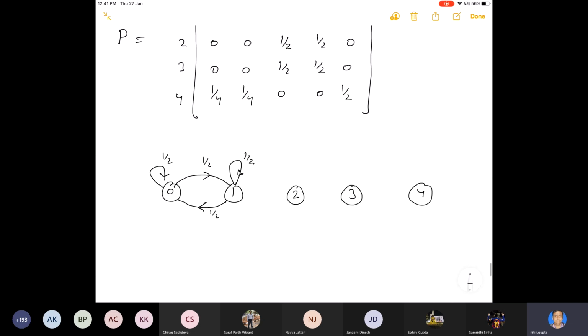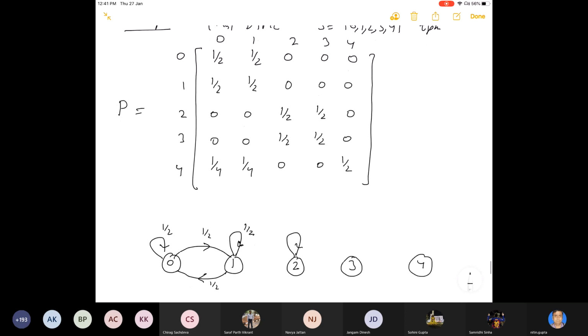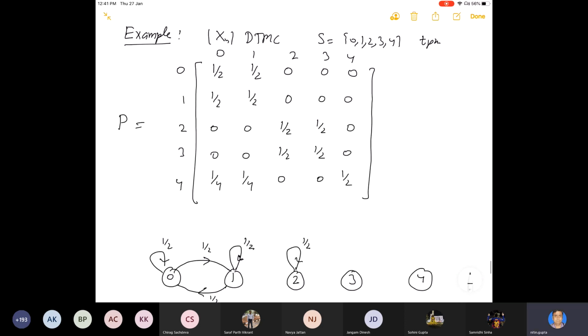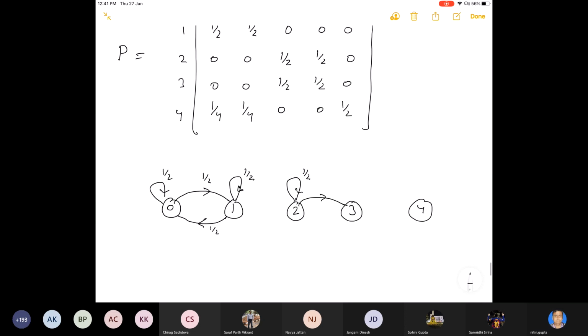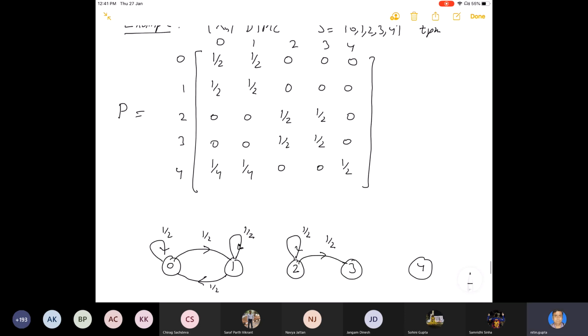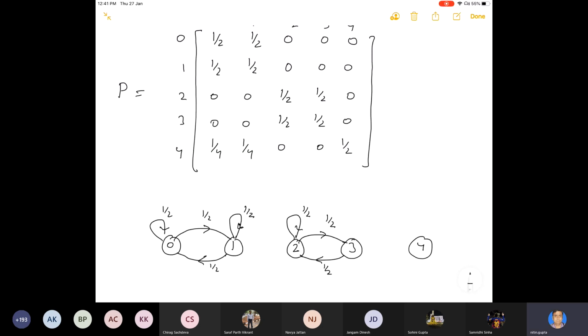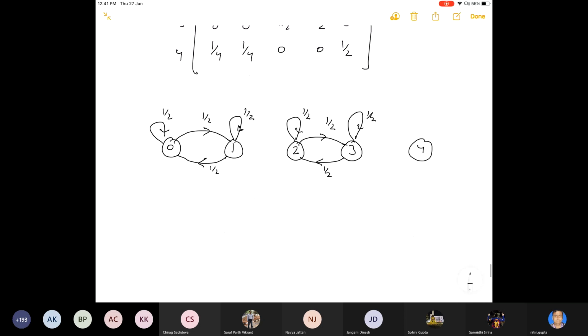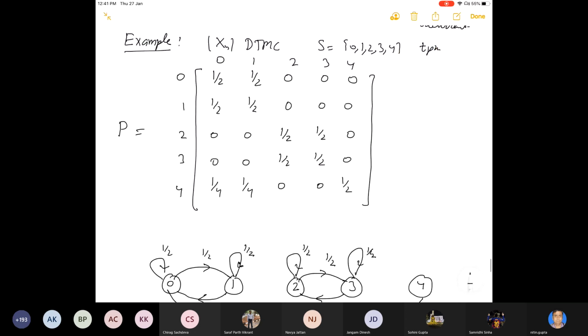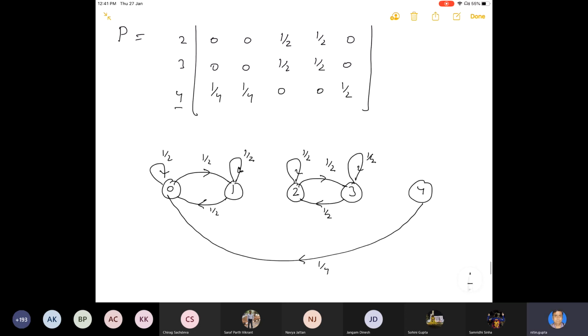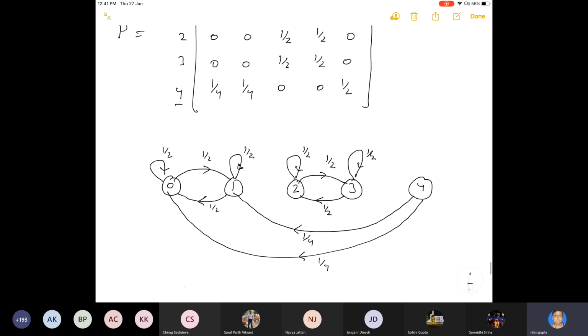Then 2 to 2 we can go half. Then 2 to 3 we can go half. 3 to 2, 3 to 3. Then 4 to 0, 1 by 4. 4 to 1, 1 by 4. And 4 to 4.